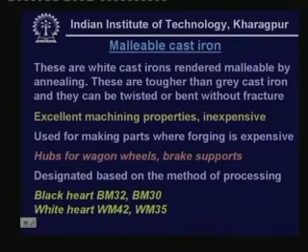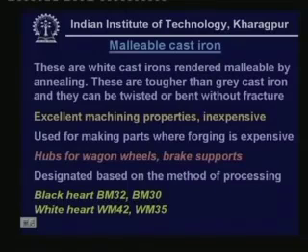So these are the characteristics of a malleable cast iron, and it has excellent machining properties, and these are inexpensive also. Excellent machining properties is a desirable situation, because if we make machine components, they can be machined easily.